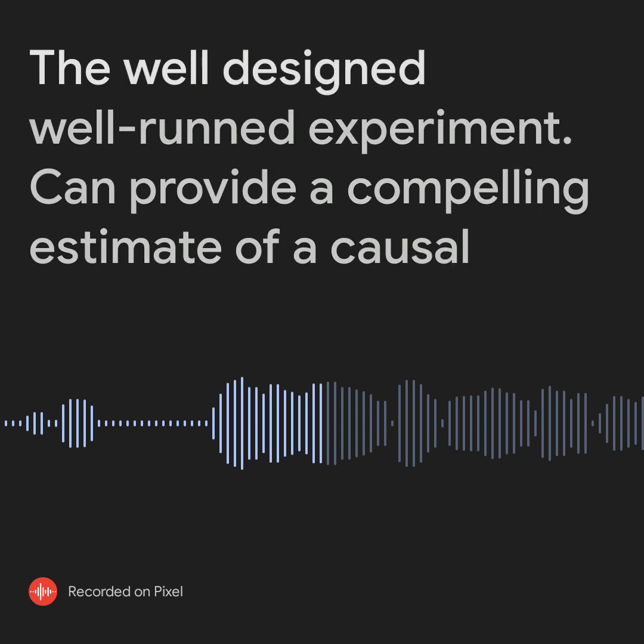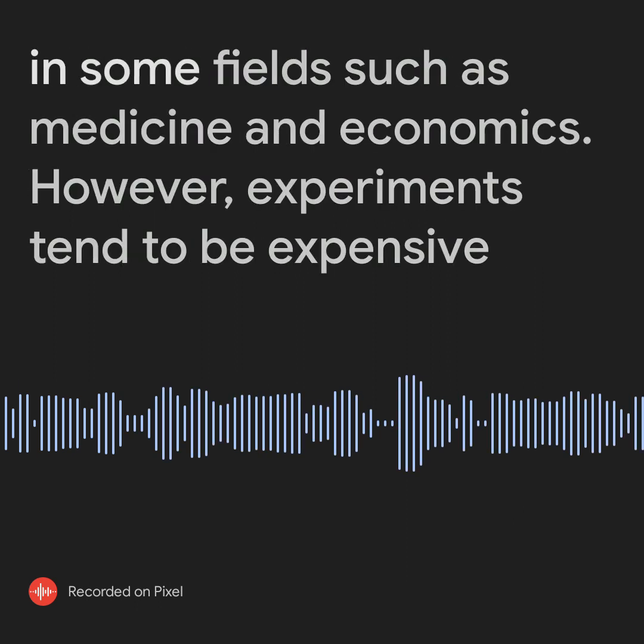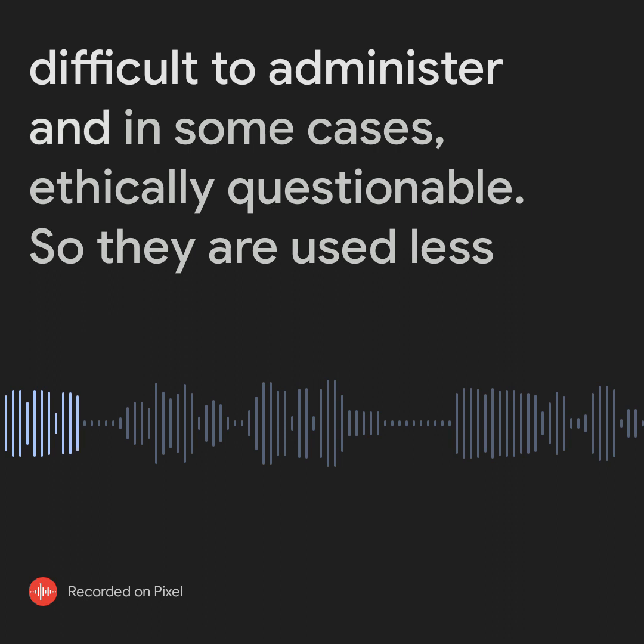A well-designed, well-run experiment can provide a compelling estimate of a causal effect. For this reason, randomized controlled experiments are commonly conducted in some fields, such as medicine. In economics, however, experiments tend to be expensive, difficult to administer, and in some cases, ethically questionable, so they are used less often.